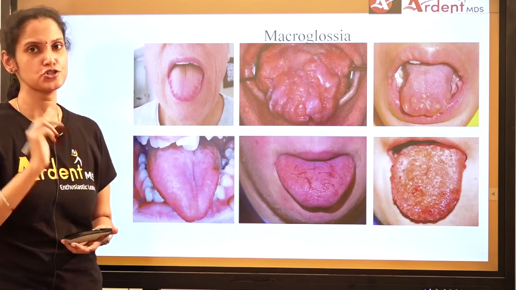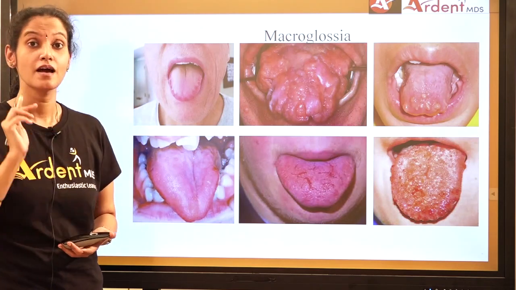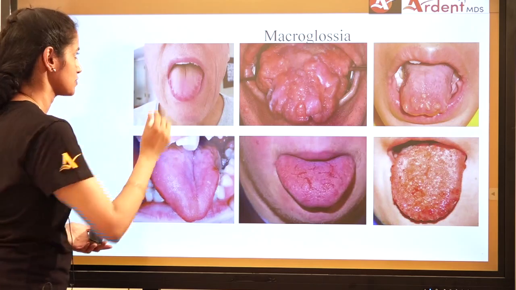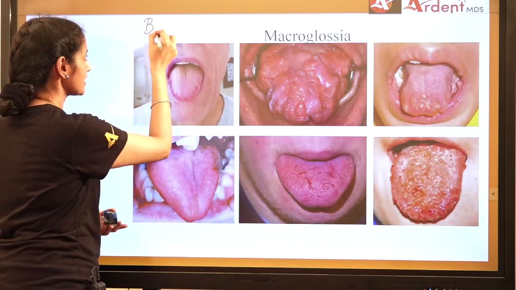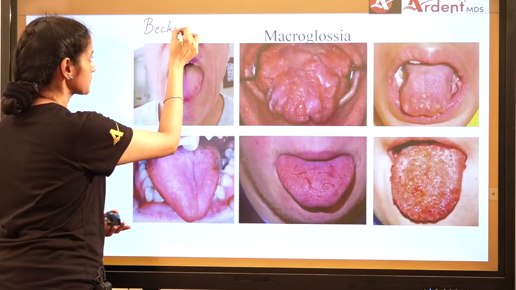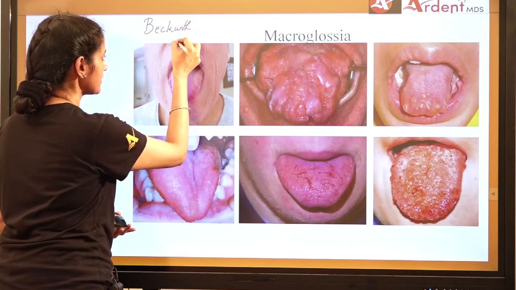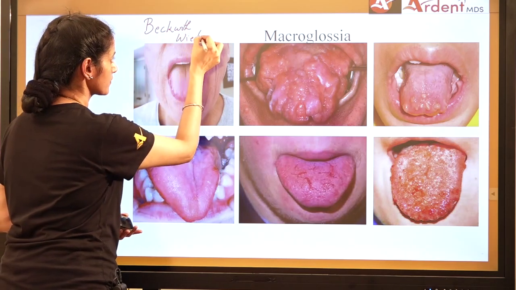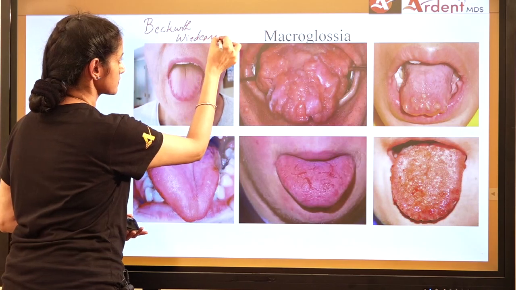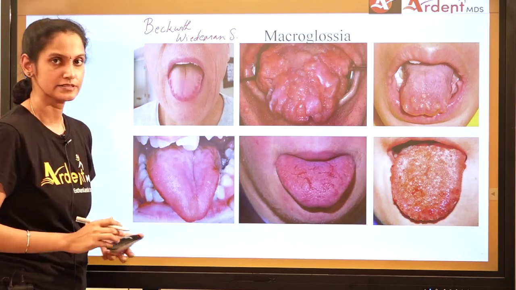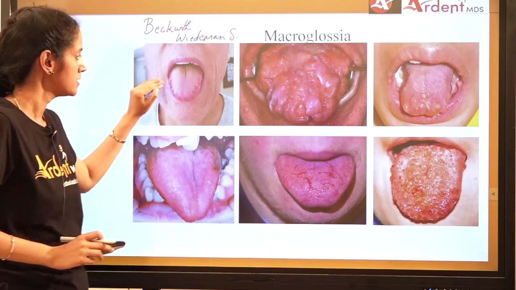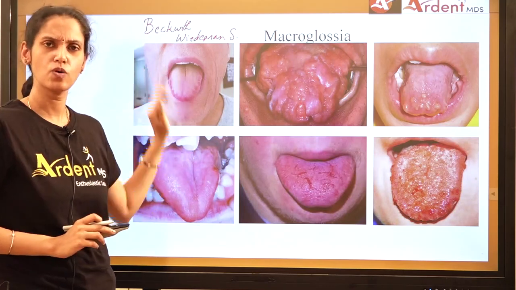And there is a syndrome which you need to remember, that is Beckwith-Wiedemann syndrome. I write it down so that you get acquainted with the spelling. Even in this syndrome, it is diffuse and smooth. What is this syndrome about?